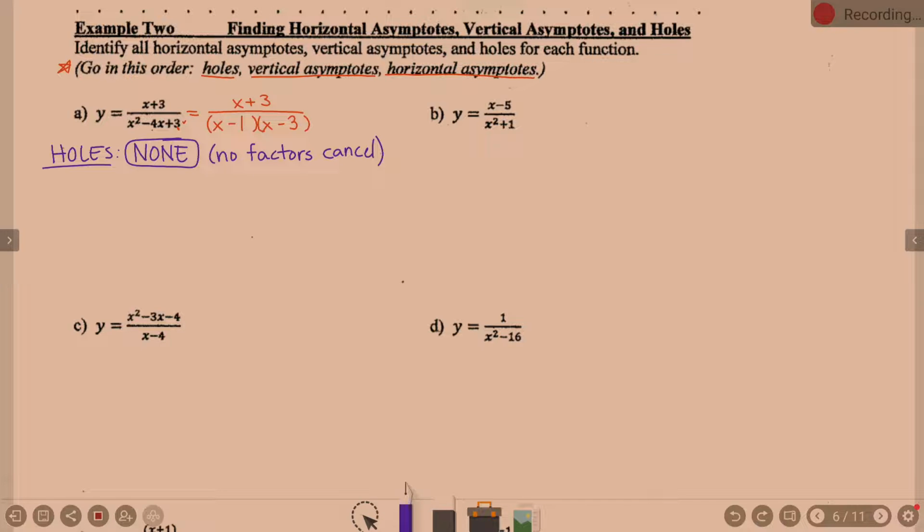Okay, so there was step 1. We checked for holes. Step 2, what were we supposed to check for after holes? Supposed to check for vertical asymptotes, right?